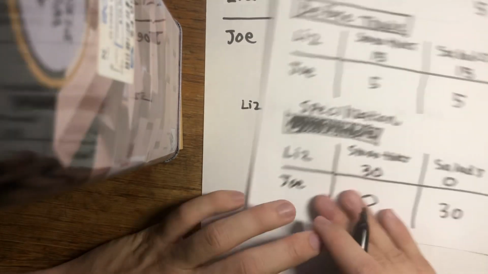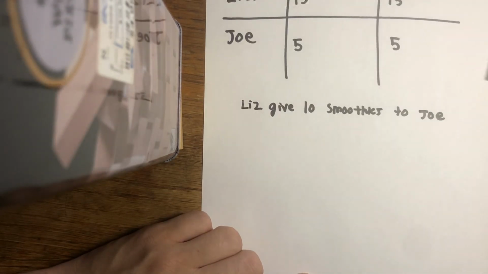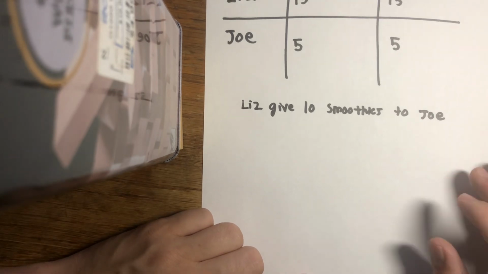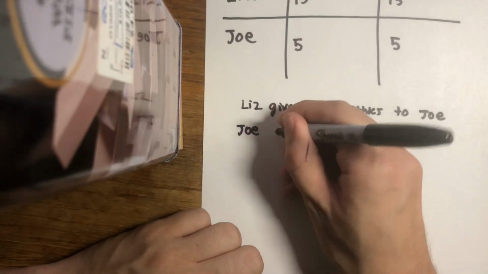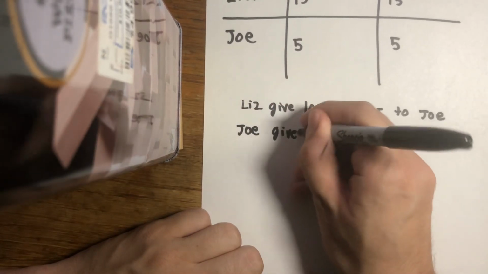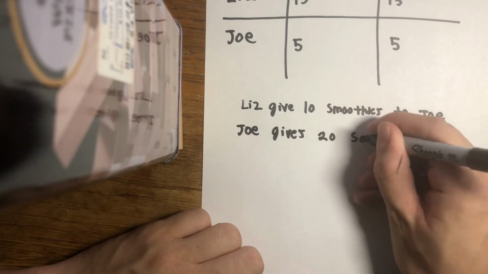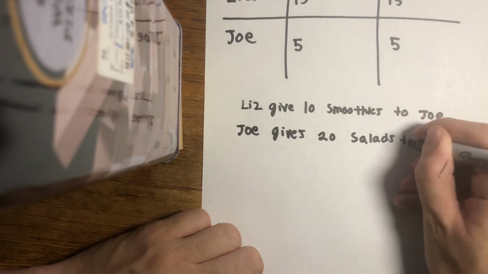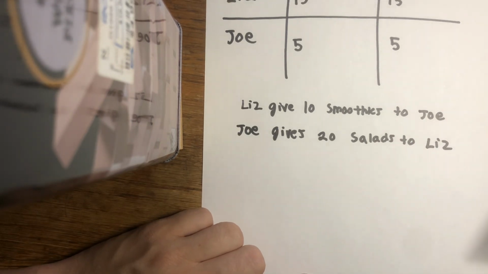So Joe is going to start gaining the smoothies. Now, in terms of Joe, if he makes 30 salads, what if in exchange, Joe gives 20 salads to Liz? So what is that case?